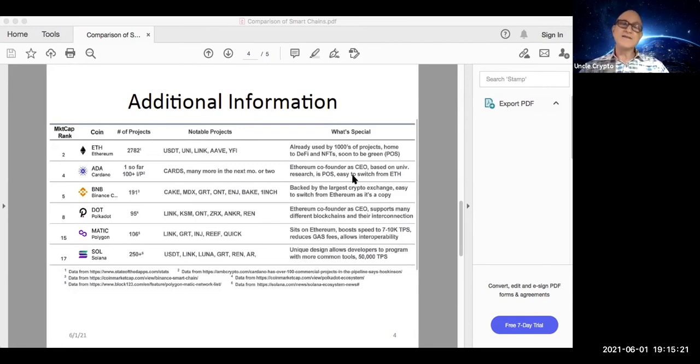So the new ones, the up and comers, let's say MATIC and Solana and Polkadot, those are the new ones, and they're rushing in. And Solana, as an example, can do 50,000 transactions a second. It can do more than Visa. I mean, it's huge. MATIC is a range, and it is now able to do and is doing 7,000 to 10,000 transactions a second.